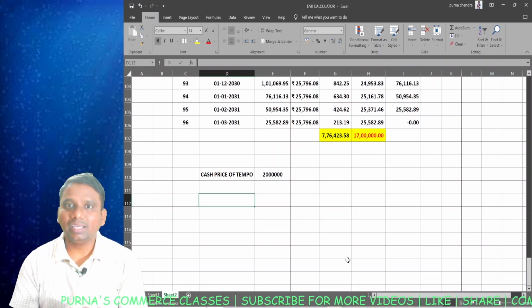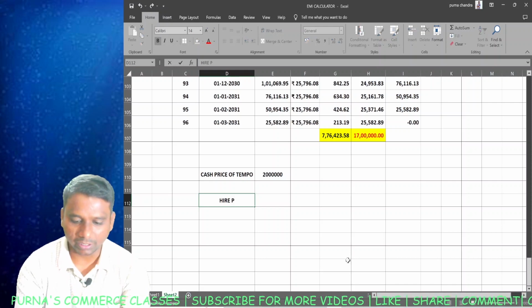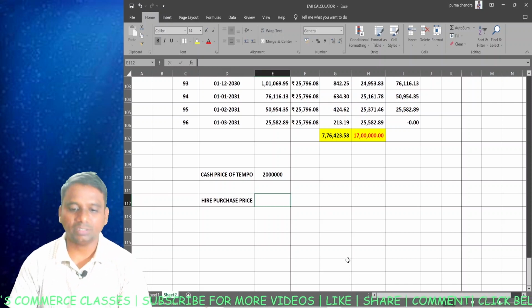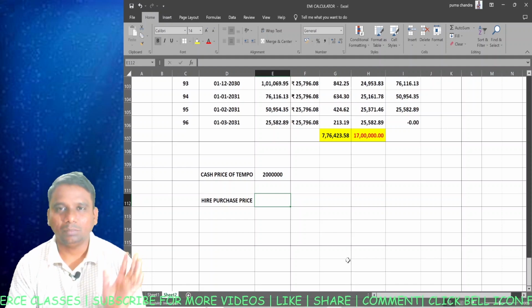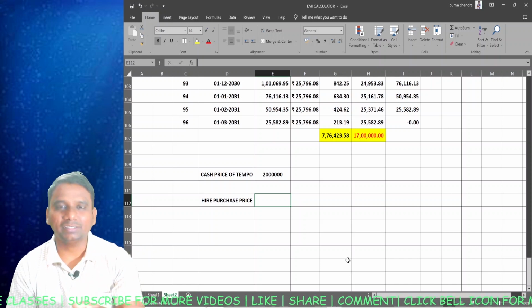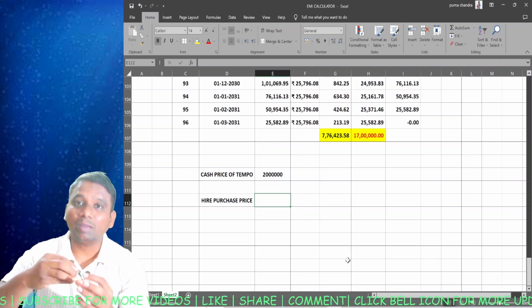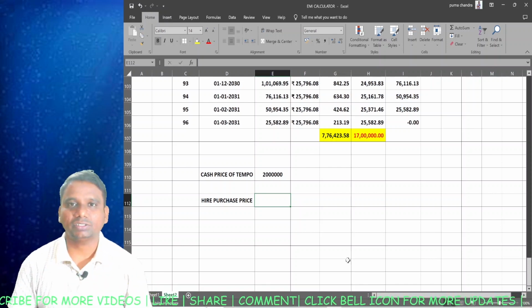But here we are buying on hire purchase basis. So here we should calculate hire purchase price. Hire purchase price. If you pay total cash, then cash price. But you are not paying total cash, so you have to pay the same amount with some additional amount called interest.